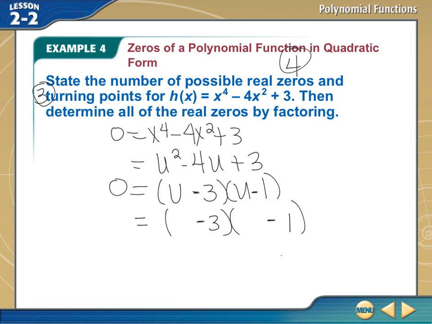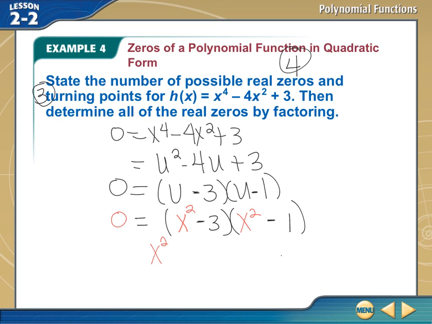Actually, before we set each factor equal to 0, we're going to go back to plugging in what u was equal to, and that was x squared, because remember, from the beginning, we let x squared equal u so that we could substitute and still factor this. Now we're going to set each factor equal to 0.